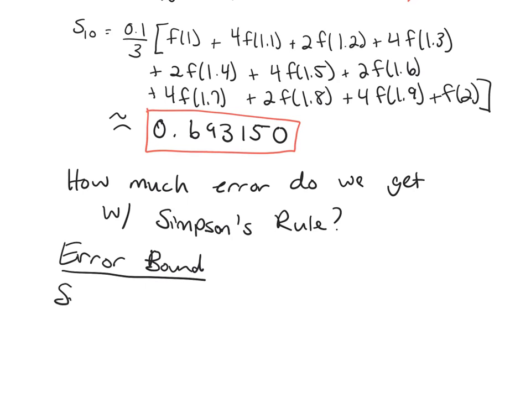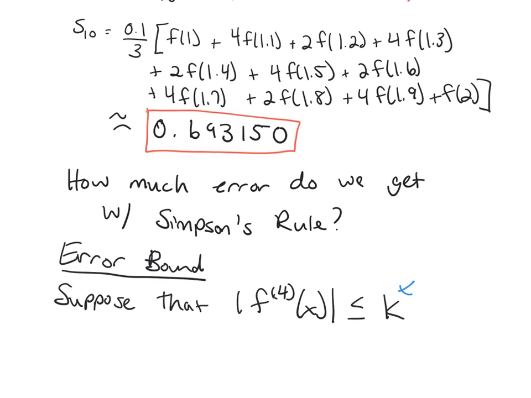So if you remember the error bounds from yesterday, there was a condition on the second derivative. For Simpson's rule, you have to have a condition on the fourth derivative. Suppose that the absolute value of the fourth derivative is bounded by some constant K. Again, this K is just like it was before.